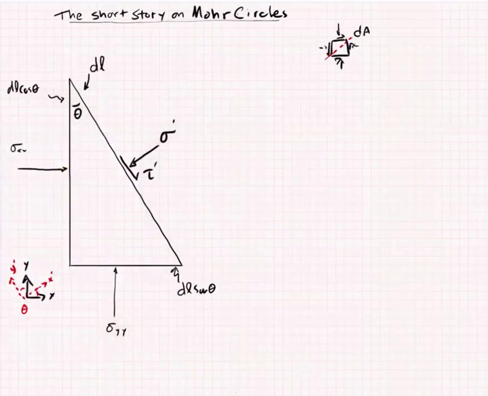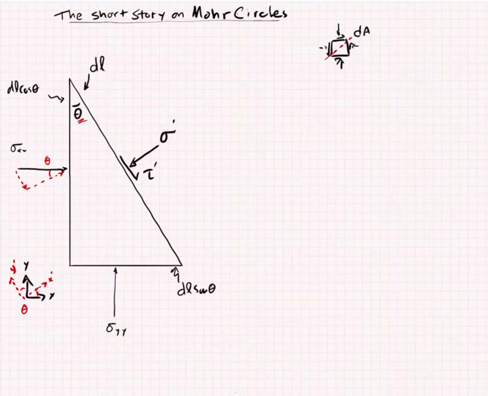The sigma xx on the left will break down into a component oriented like that, and another perpendicular component oriented like that, where this is the angle theta. So you can see as the theta up here opens up, the axis swings down in a counterclockwise direction from sigma xx, and we have one component parallel to sigma prime over on the right-hand side, and another component parallel to tau prime.